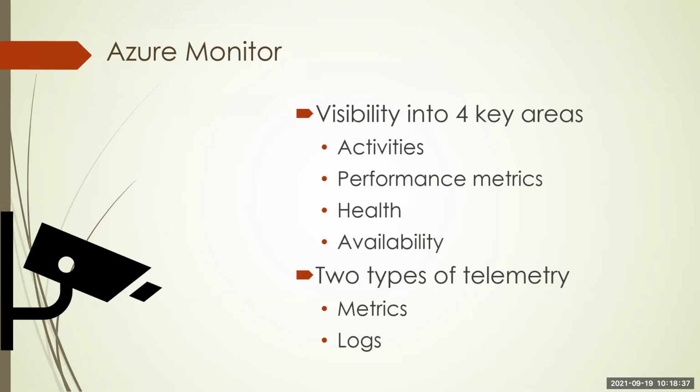It's text, some paragraph, something like that. That is a log. If something happened, the detailed description of that particular action is a log. For example, a metric is like CPU utilization, memory utilization, something like that.